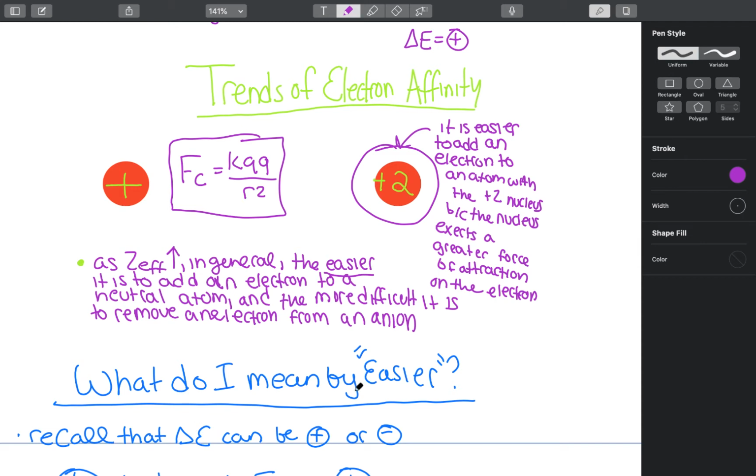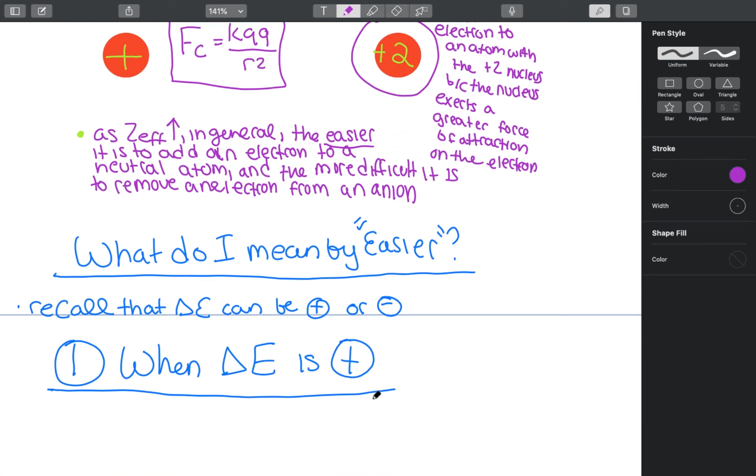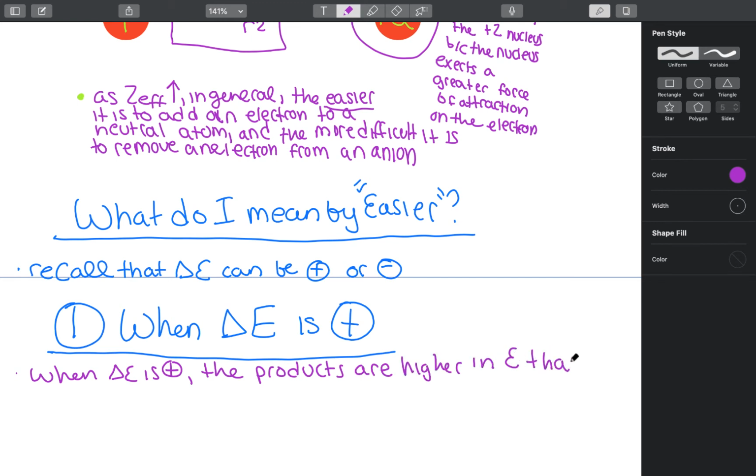And this positive and negative tells a lot about how easy it is to gain or lose an electron. So what does it mean when the change in energy is positive? Well, when delta E is positive, the products are higher in energy than the reactants.